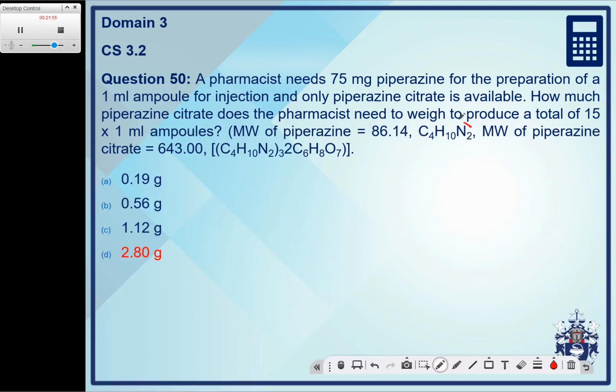You will see the base is that part. And if you consider the formula for the salt, you will see there's the base again. But in this case, there is 3 base molecules in the piperazine citrate molecule. So this will have to be compensated for or considered in your calculation, and we're going to see how.